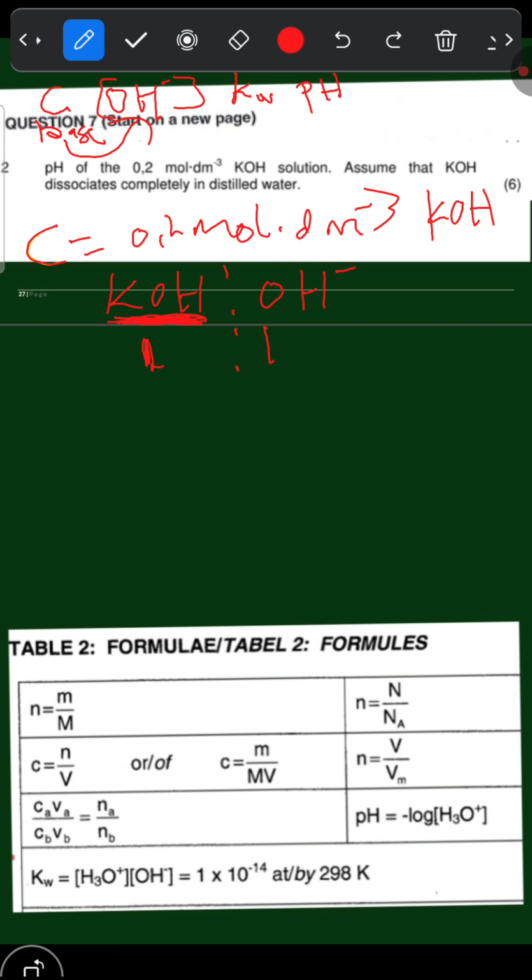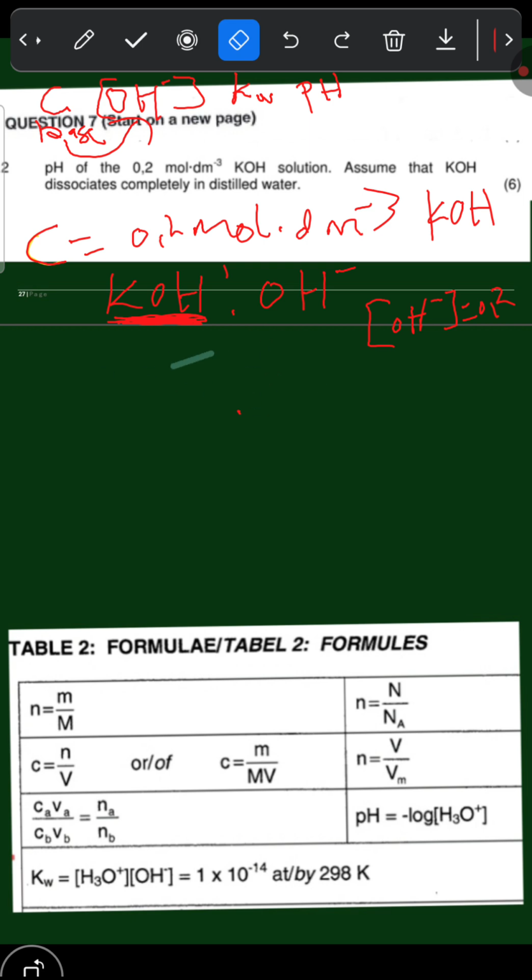So the ratio is 1:1, which means if the concentration of the base is 0.2, then also the concentration of the OH minus is 0.2 as well. So we have got the concentration now. Concentration of OH minus is 0.2 mole per cubic decimeter.